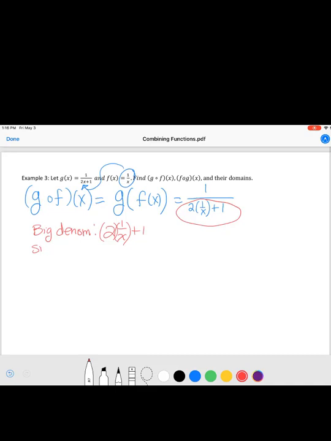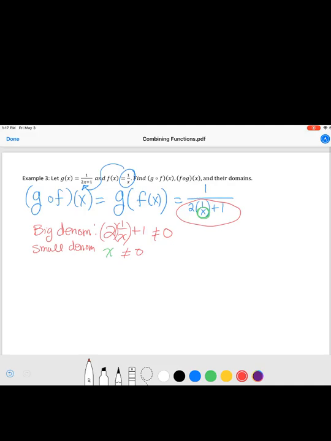And then I have what I call the small denominator, which is just this denominator right here. I have two denominators to worry about. So the big denominator cannot be equal to 0, and the small denominator cannot be equal to 0.